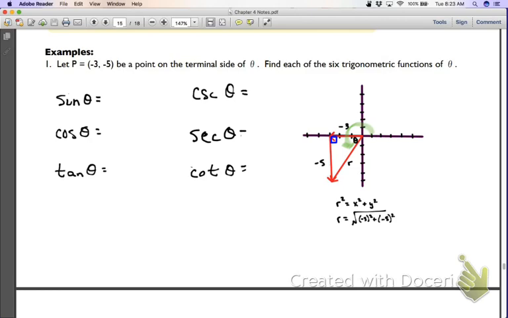For our radius, you should never end up with a negative value, because the squaring is going to take care of that. So if I have the square root of 9 plus 25, my r, or the side of my triangle, is just going to be the square root of 34.